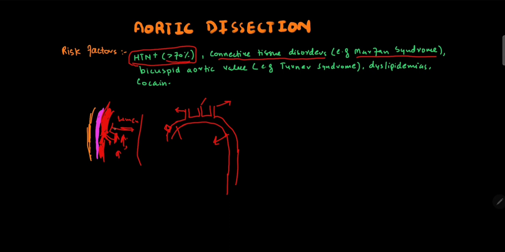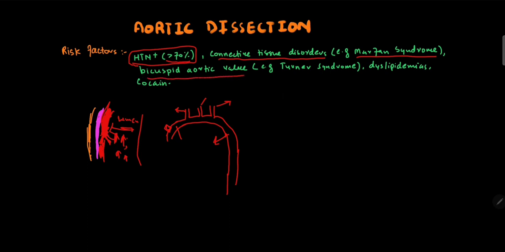What happens in Marfan syndrome is that it's not the hypertension, but the connective tissue, right? We know the fibrillin gene mutation, which takes part in collagen synthesis. So that connective tissue is defective and weak, and so just a little rise in pressure can rupture this intima and cause aortic dissection.